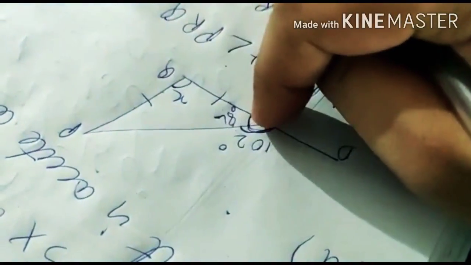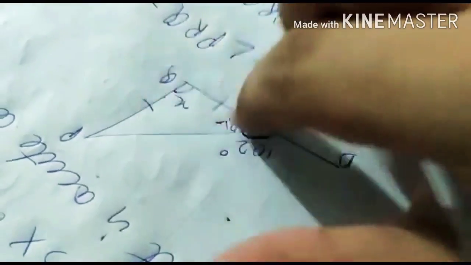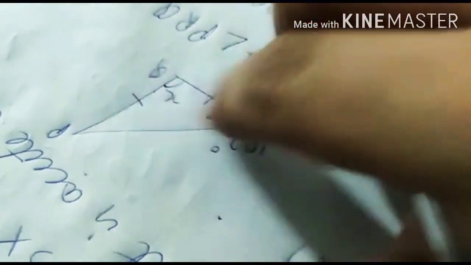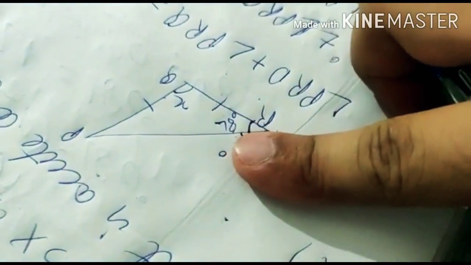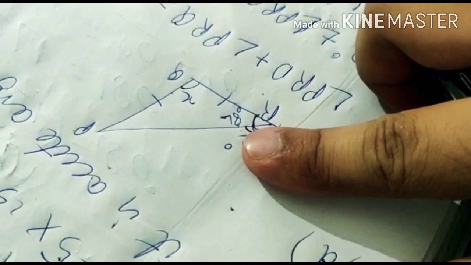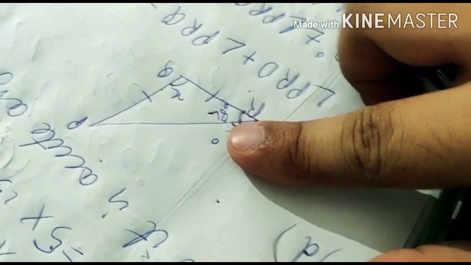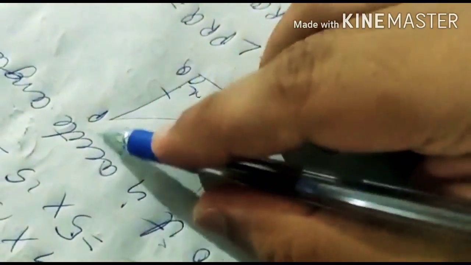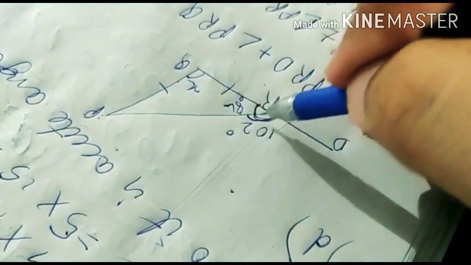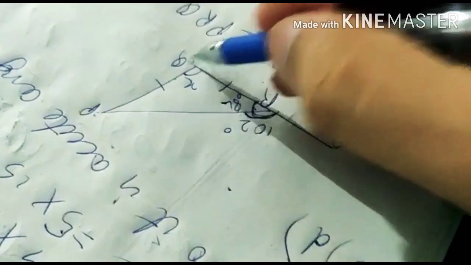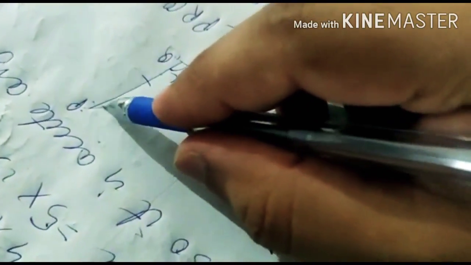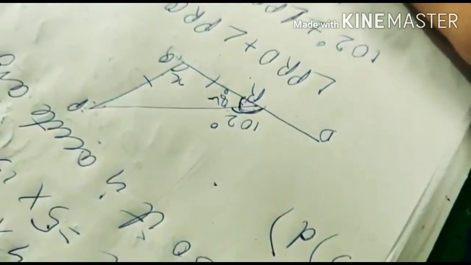Here PQ and QR are equal. These sides are given equal. This single dash means they are equal. So in the isosceles triangle, I have told the angles opposite to equal sides are equal. So the angle opposite to PQ is angle 78 and the angle opposite to RQ is angle P. So this angle will be equal to this angle.